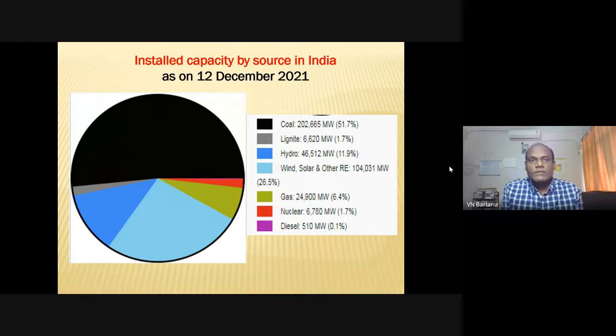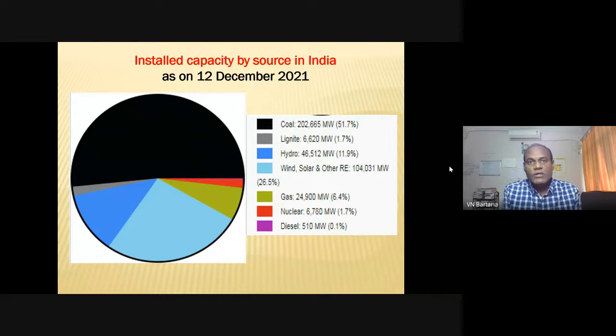And if we see the installed capacity by source, depending upon the fuel used to produce electricity in India, as on 12th December 2021, we see that the share of coal is major.